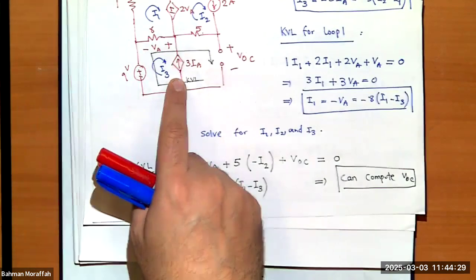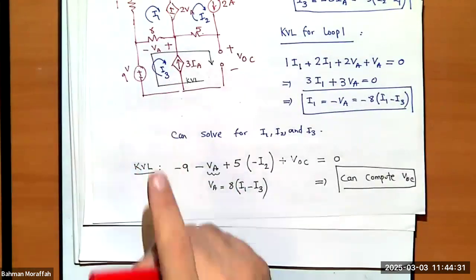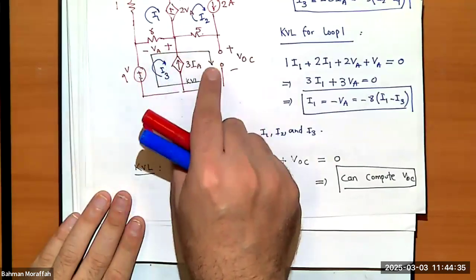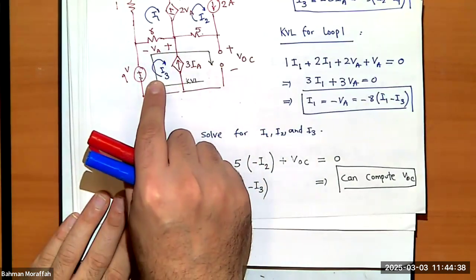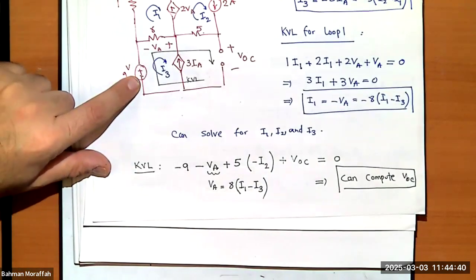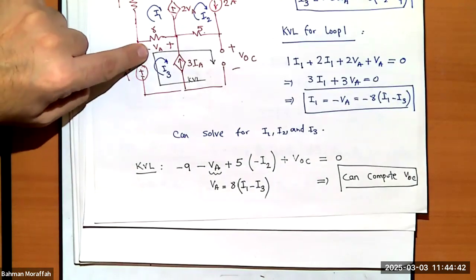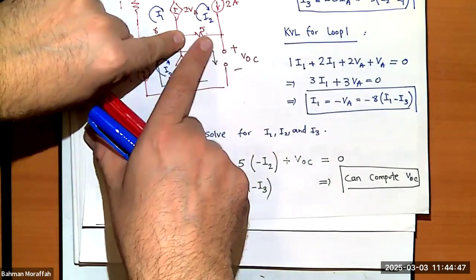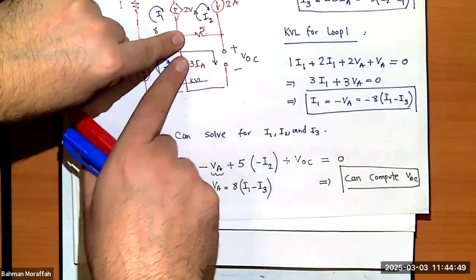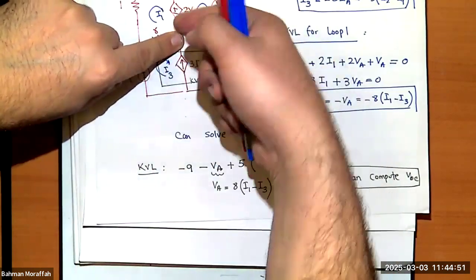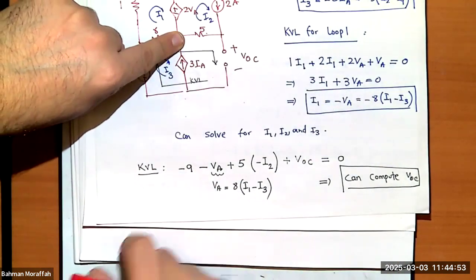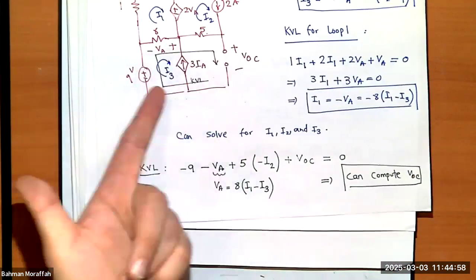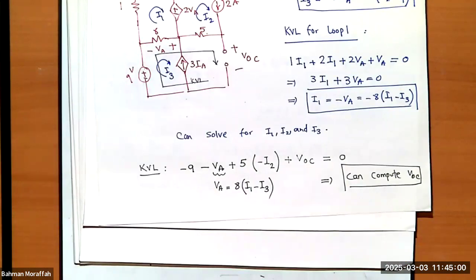So I have to choose another loop. And again, I can write KVL in any loop I want. So instead, I'll choose this big loop, right? Then I have negative 9 plus negative VA plus 5 times negative I2, because remember, I'm going this direction, I2 is going backwards, right? Plus VOC, that's 0. It's just the KVL in this loop. That's it.